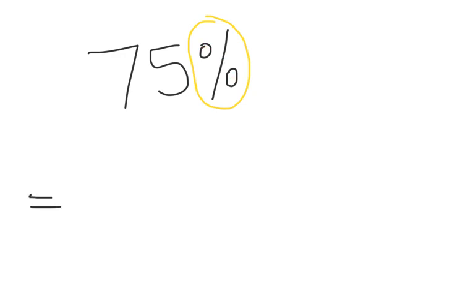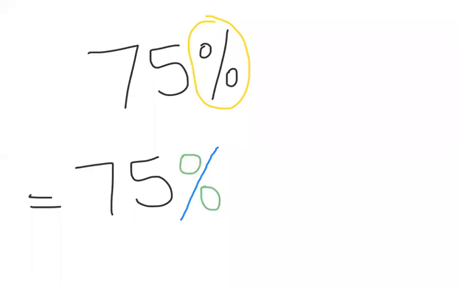If you have the 75%, just look at this part over here. If you look carefully, it looks like a 1 and a 0 and a 0. So let me just write it differently. 75, I'm going to make this line blue, and I'm going to make the two circles green.